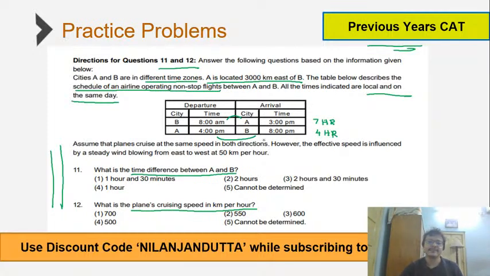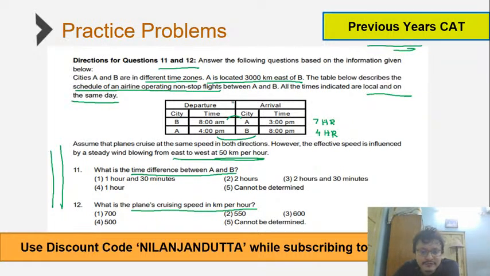Why the difference in time? Twofold reasons. One of them is against the wind and with the wind, because remember the wind speed of 50 kilometers per hour. The other factor that is involved is the time zone difference as well.